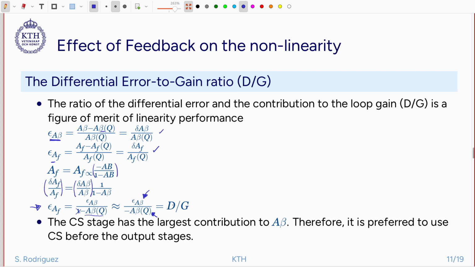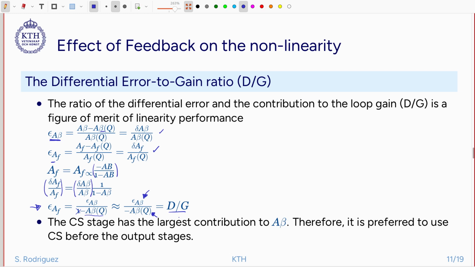So if we divide this differential error by the gain, we have a figure of merit, and then we can use this differential error to gain ratio as a tool to study different stages and decide which stage is more linear than another, I mean which stage to use in a negative feedback loop. There are some stages that will contribute more distortion and more gain, and then just by dividing the differential error by the gain that they have, we can make very interesting comparisons.